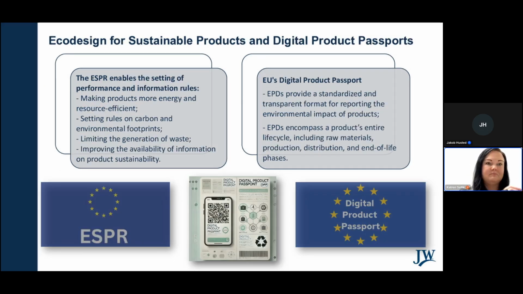But the CSRD and EU taxonomy are not, of course, the only things coming towards us and what we already need to be working with. We have the ecodesign for sustainable products regulation, focusing on making products more energy and resource efficient, setting rules on carbon and environmental footprints, limiting the generation of waste, and improving the availability of information on product sustainability.